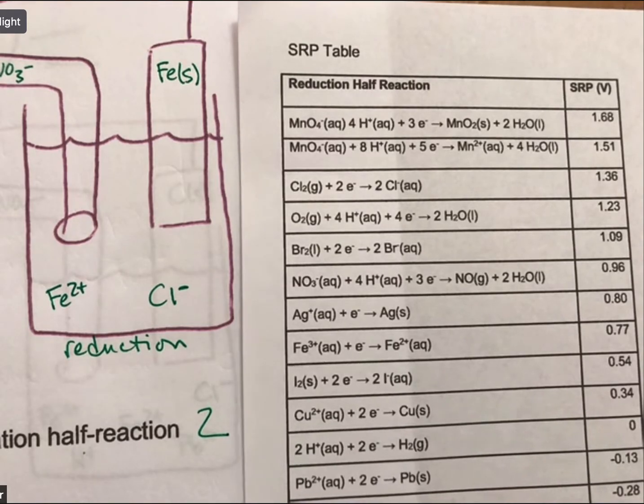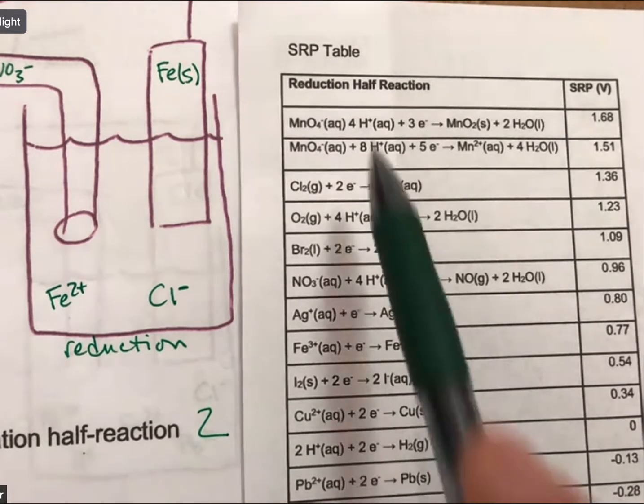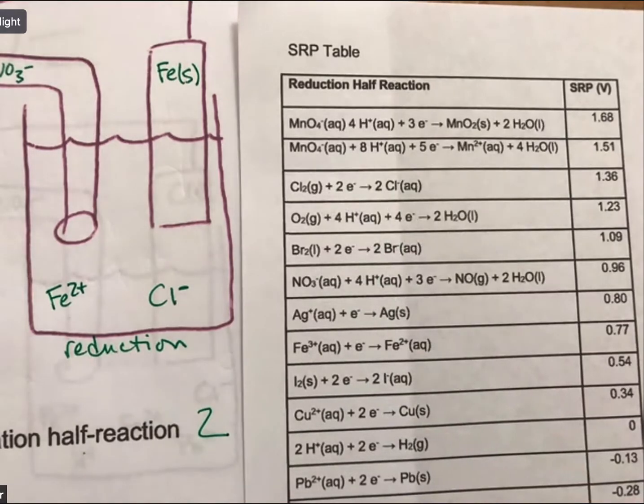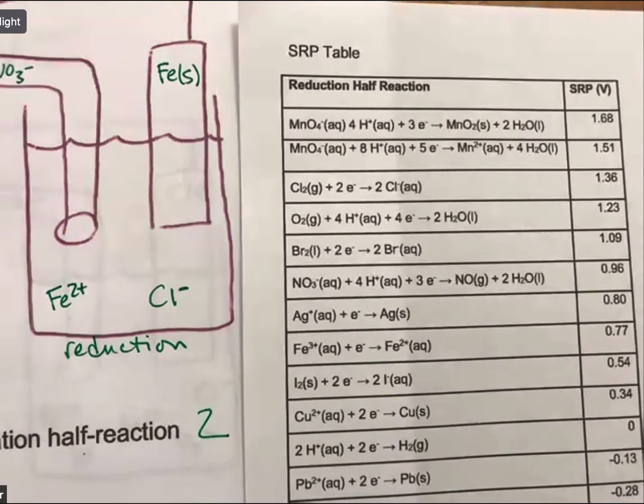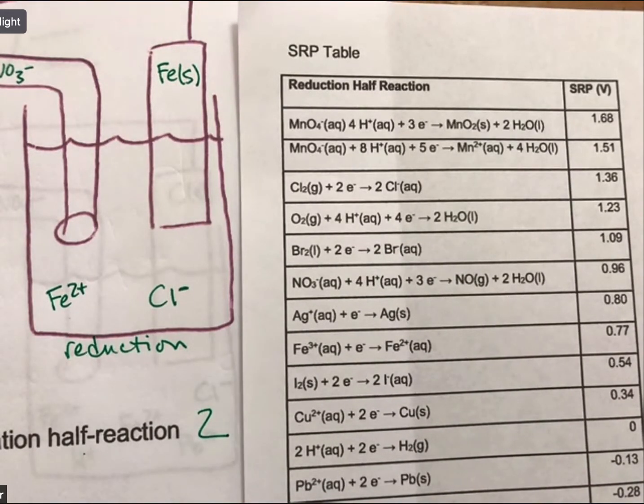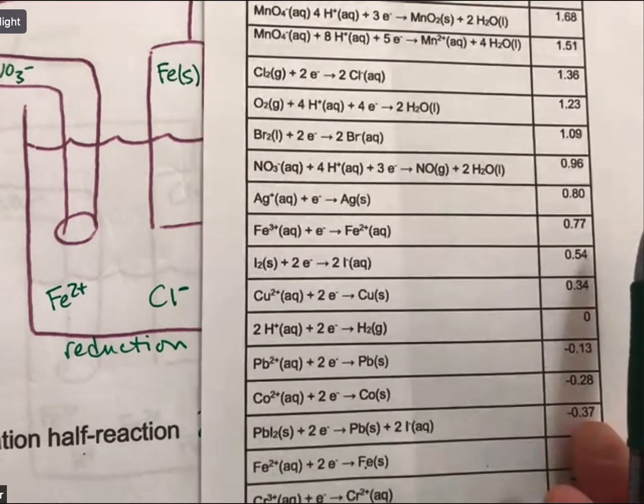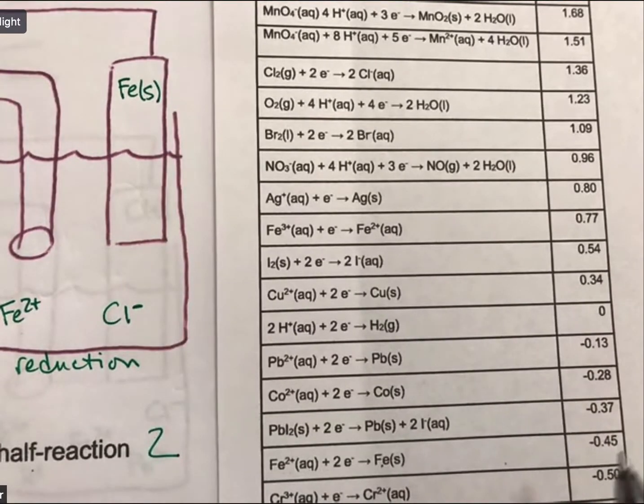So this is the first reduction reaction that we can do. It is minus 0.45 volts. That's negative. That's not like we would love to have. Sorry, I'm off the page there. There we go. So we have Fe2+.